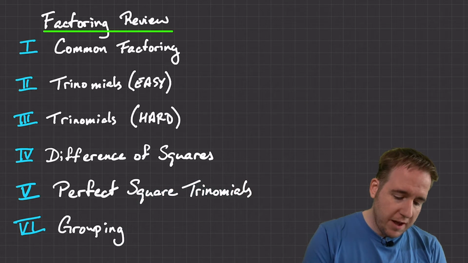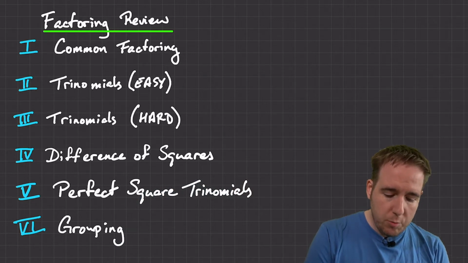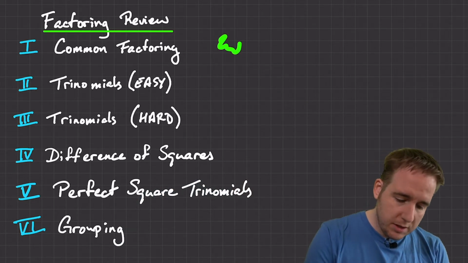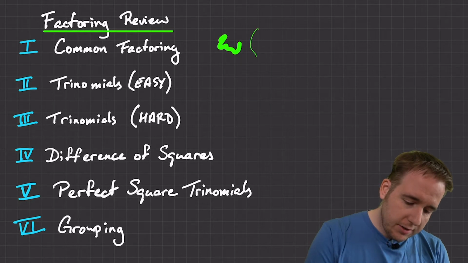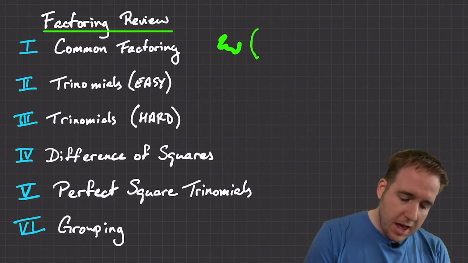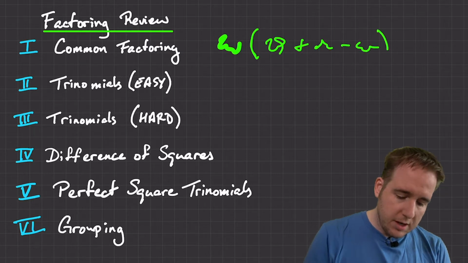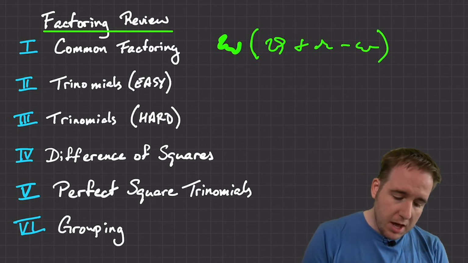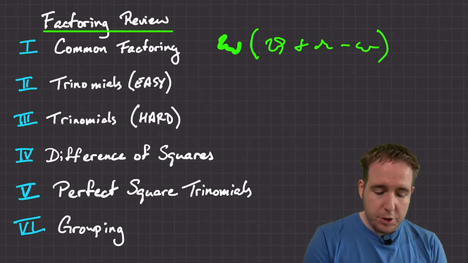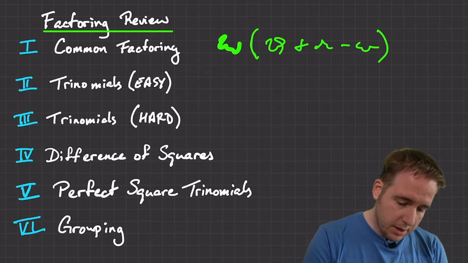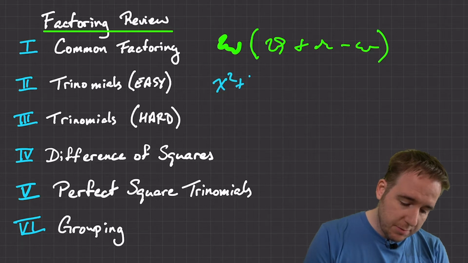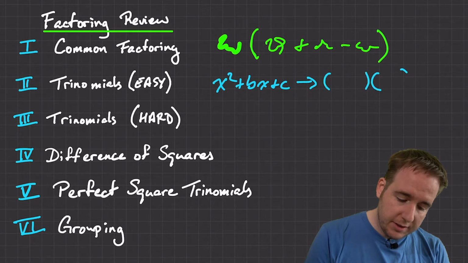So the first one is common factoring. That is the one where you wind up with something with a bracket, and you have little bits and pieces inside. Those are supposed to be squiggles. The second kind is when you have the trinomials. So this is something that is x squared plus something x plus something, and that turns into two brackets like that.